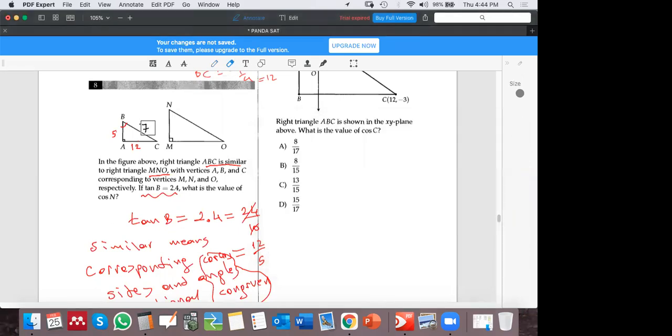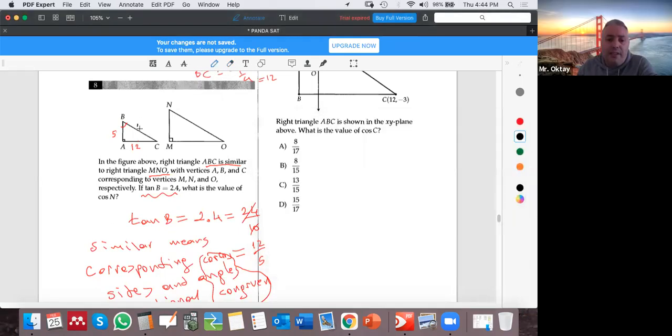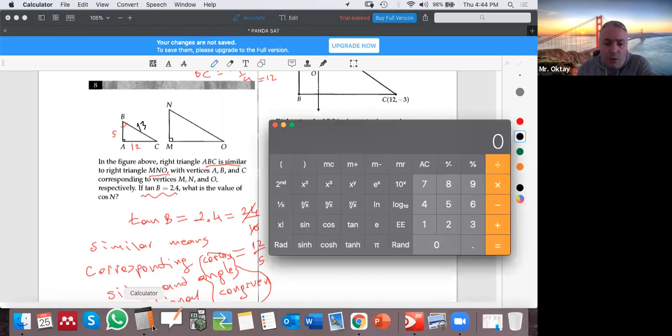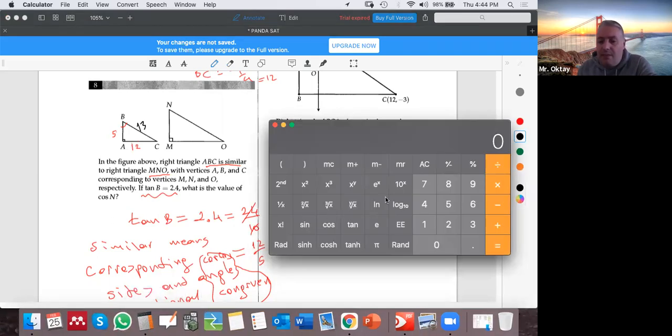Sorry, it's 13. It's good to check it. Let me show you one more time. Even in the examination, if you are not 100% sure, you can use the calculator. So 5 squared plus 12 squared is 169, and the root of 169, I know, is 13.